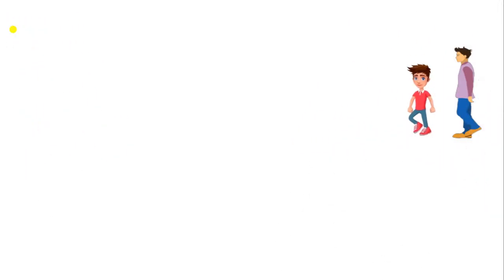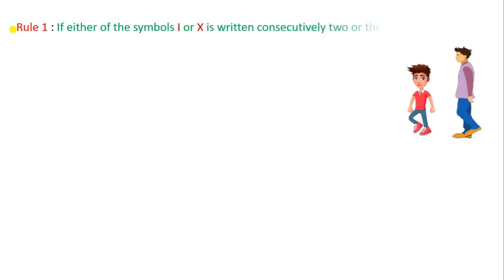Yes, teacher. Tell us the rules for using Roman numerals. Okay, Rahul. Let us see the rules. Rule number 1: if either of the symbols I or X is written consecutively 2 or 3 times, their sum total is the number they make.